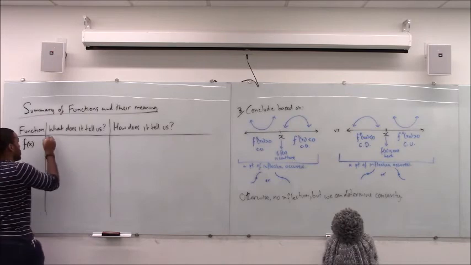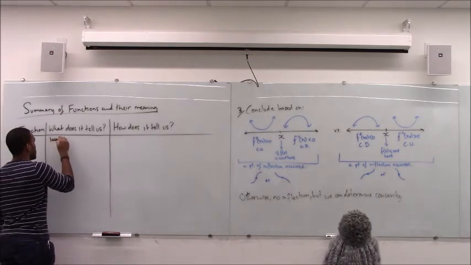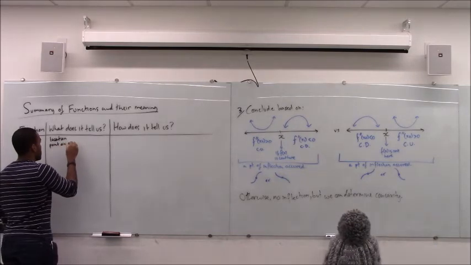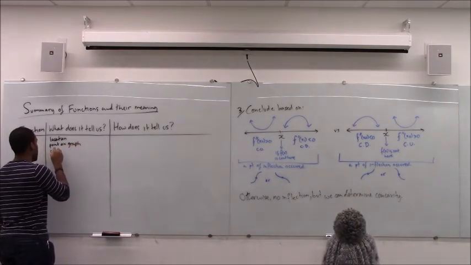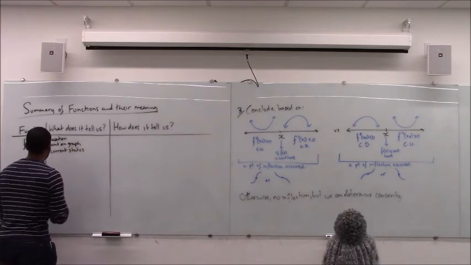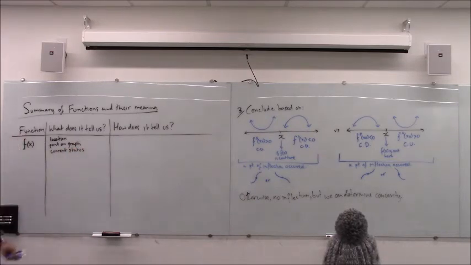In other words, I'm telling you things like location, point on graph, current status, that kind of thing. So if this is measuring my profit, you would use f of x to answer questions like, how much profit did we make this week? Right? What is our profit looking like now?